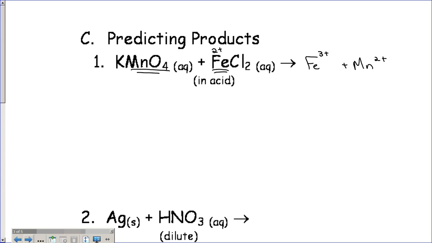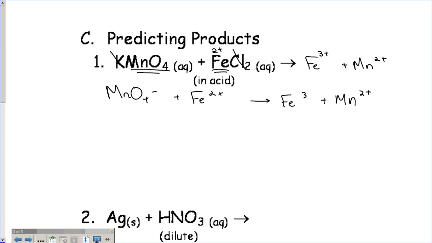So if we are writing the net ionic equation here unbalanced, potassium and chlorine would be spectators, and you'd have permanganate ion reacting with iron 2 ion to form iron 3 ion and manganese 2 ion. And then you would balance that using one of the methods that we have discussed before.